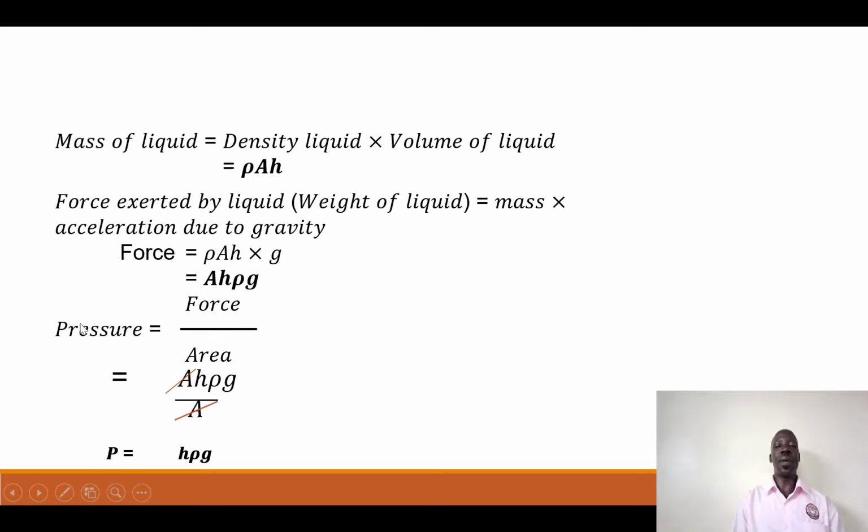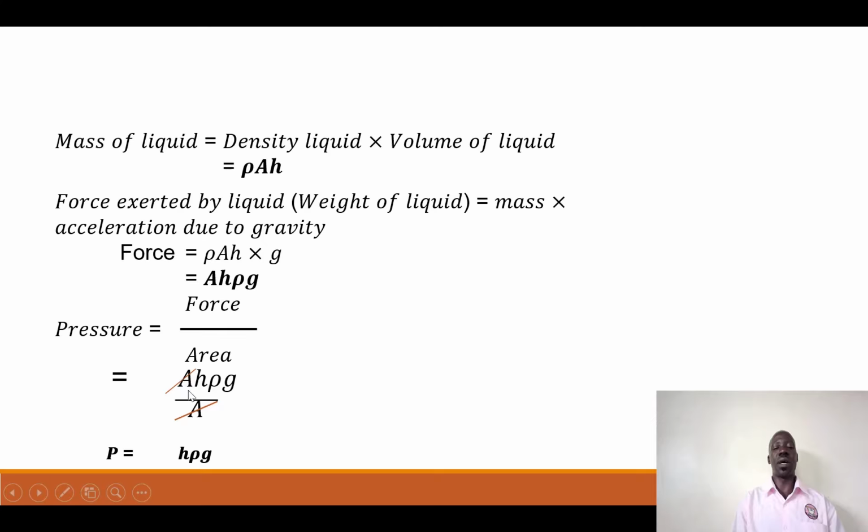Now recall the formula that we used last time for pressure in solids, where we said pressure equals force over area. We are going to substitute, where there is force, we put A h rho g, and where there is area, we substitute it with letter A. The A in the numerator is the same as the A in the denominator.